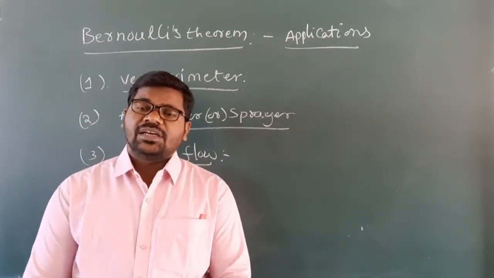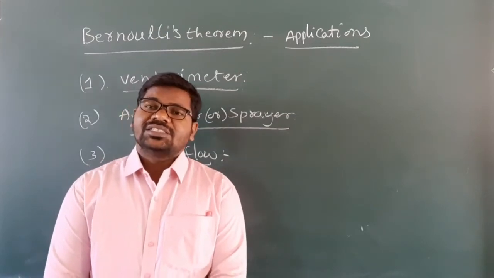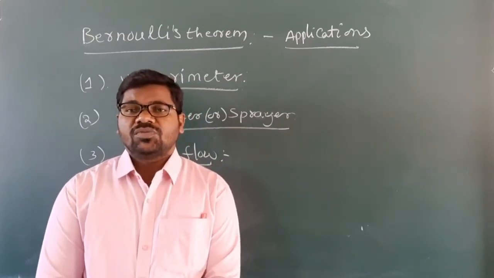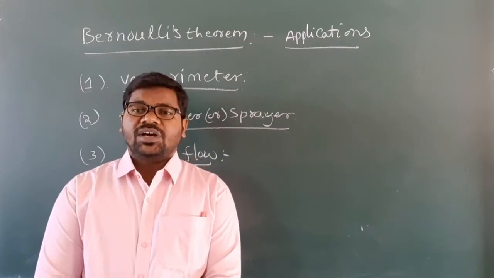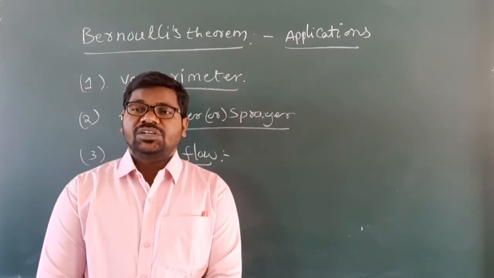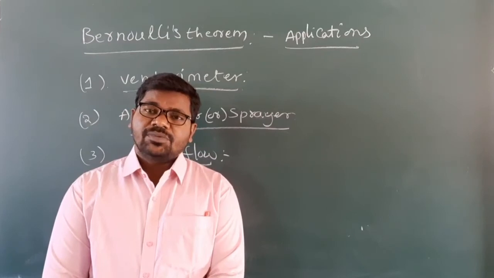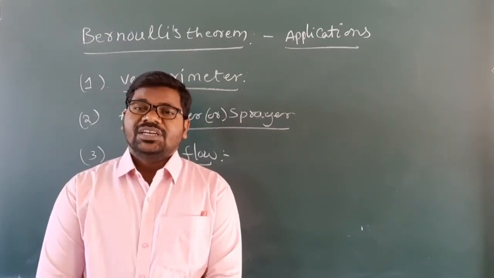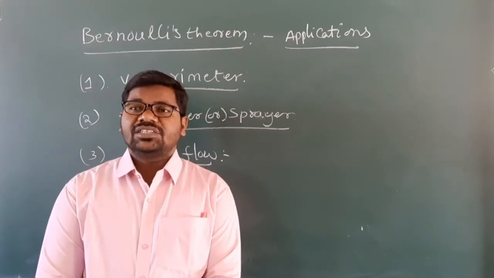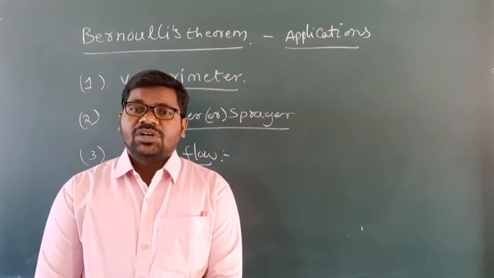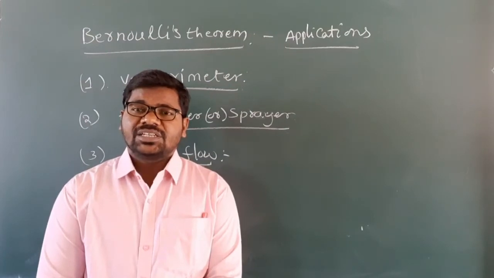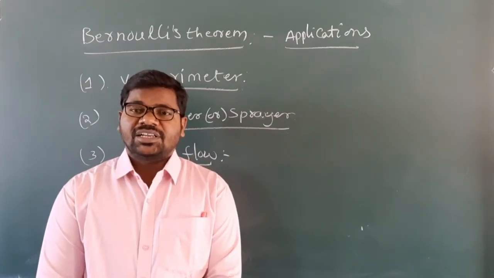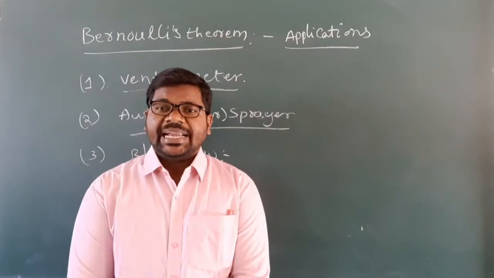We know Bernoulli's theorem: the pressure energy per unit volume, potential energy per unit volume, and kinetic energy per unit volume of an incompressible non-viscous fluid in streamline, irrotational flow remains constant throughout all cross-sectional areas of the liquid flow. Next, coming to applications: dynamic lift.